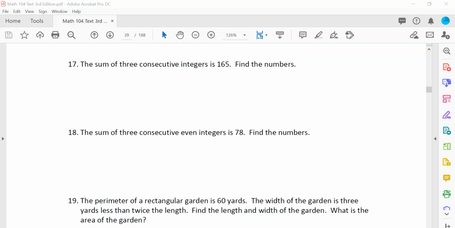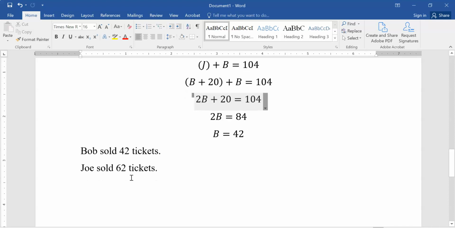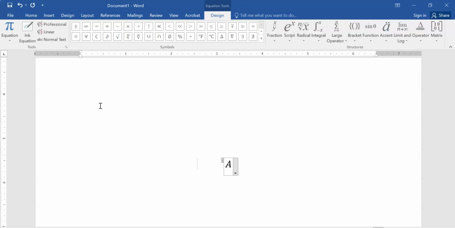Now this differs a little from the first two problems that I did, because I had two amounts adding to a total. Here we're saying the sum of three consecutive integers, so we need to be adding up three numbers.